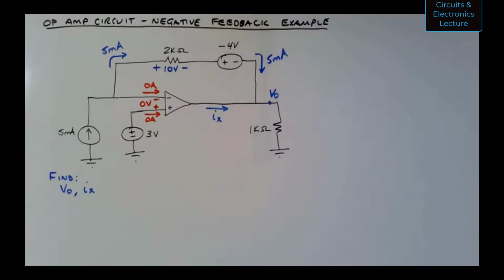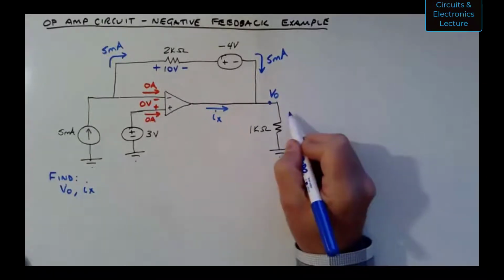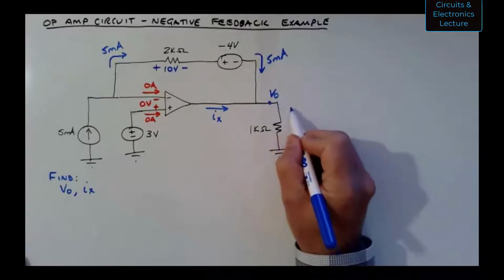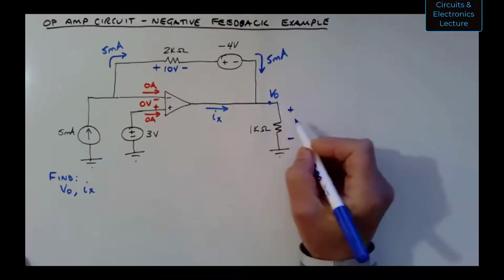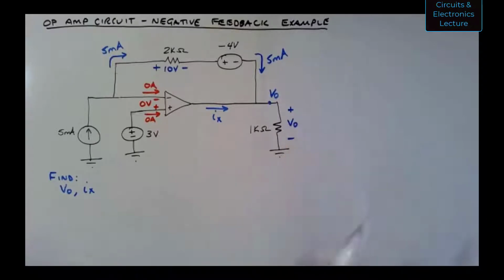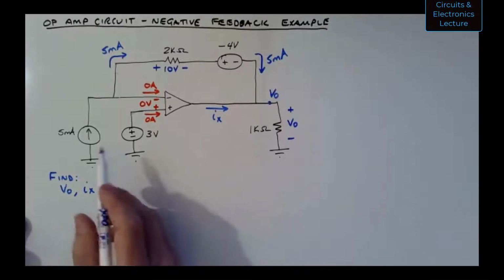The voltage I'm looking for is VO, and VO is a node voltage, the voltage between this right node and ground. So I think we have enough now to write an equation to find VO. Why do I say that? First let me point this out.